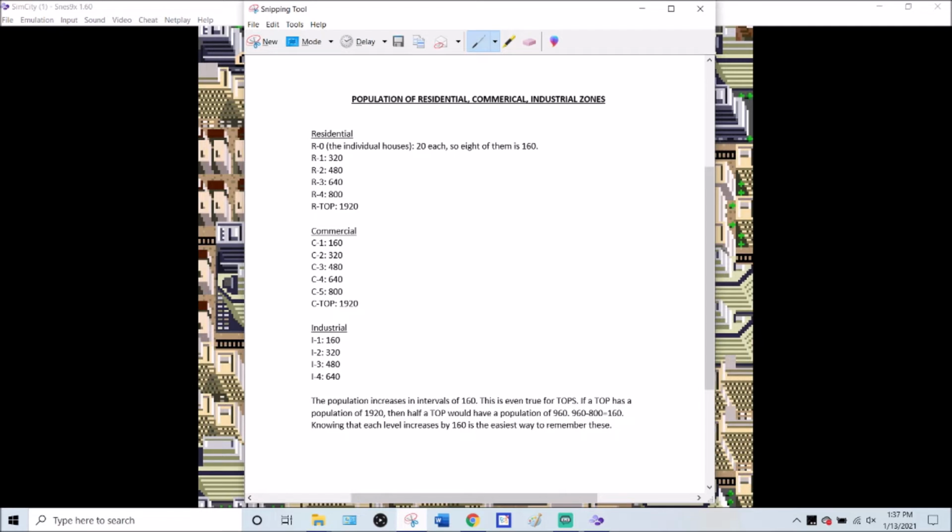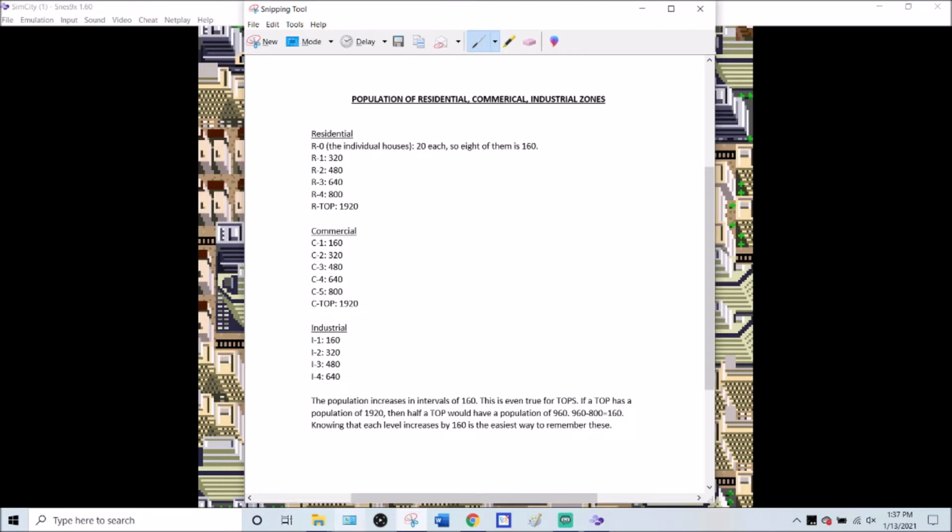One last thing I'd like to show you before we wrap this first part up is this table again. And when you look at this table, there does come a point where commercial and residential zones have the same population as an industrial zone.